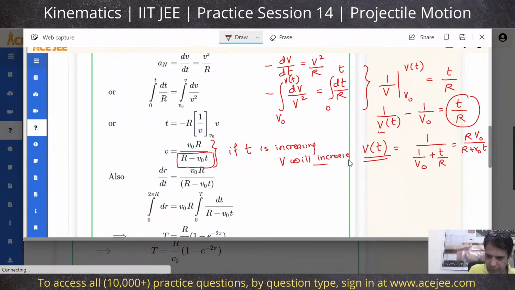Chavi, Ruchika, would you guys agree with this assertion? If t is increasing, then v is increasing, and we have a problem with that. Yes, sir, correct. Sir, but in the equation that is given, if t is increasing, eventually v will become negative also, right?